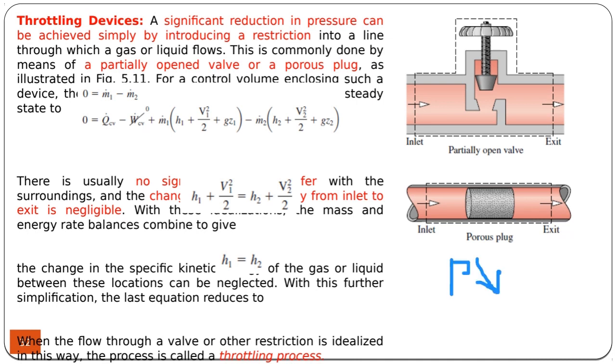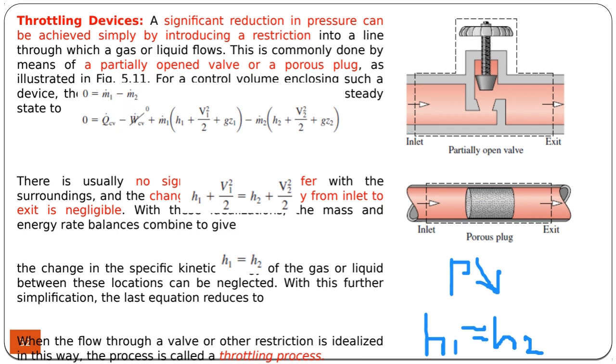And actually, in this process, we have a situation where enthalpy does not change. The reason why enthalpy does not change is because of the energy equation. If you write the energy equation for this throttling device, you assume that the throttling device does not exchange heat with the surrounding.